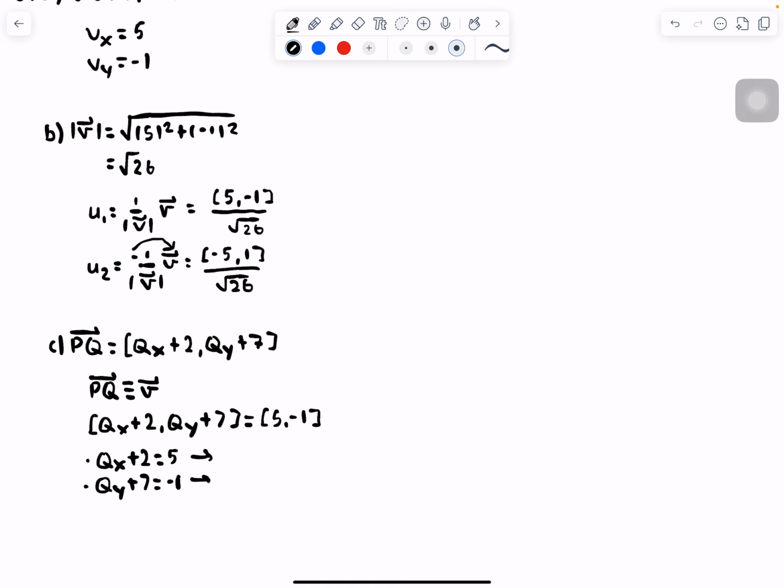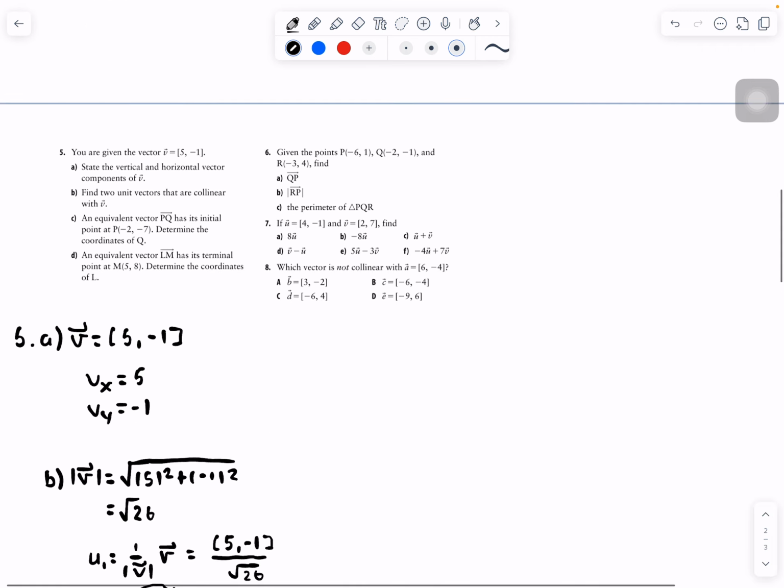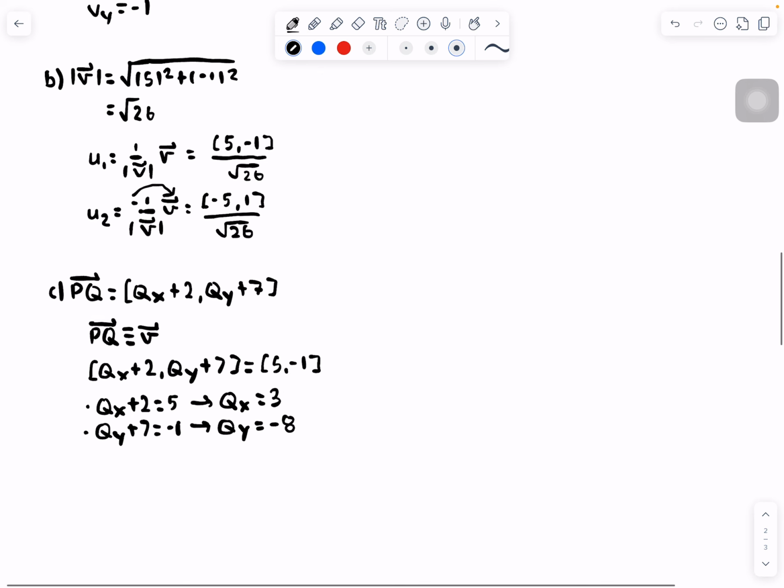This implies that Qx would be 3, and Qy would be -1 minus 7, which is -8. Is that all the question is asking? Yep. So we have our point Q is then (3, -8).